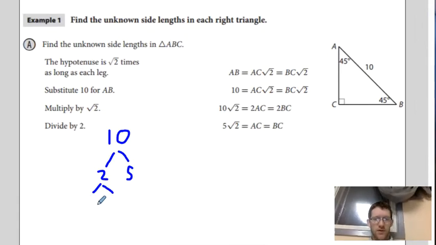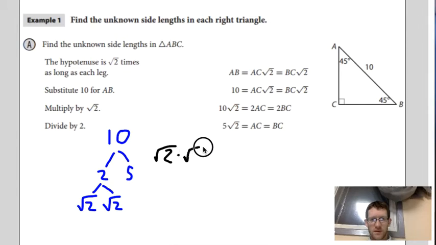Well, 1 and 2 do, sure, but we can also use the square root of 2. Square root of 2 times the square root of 2 times 5 equals 10. And so if we set up our algebra equation with this instead of 10, it becomes pretty clear how we get this answer. We have square root of 2 times the square root of 2 times 5. This is our 10.